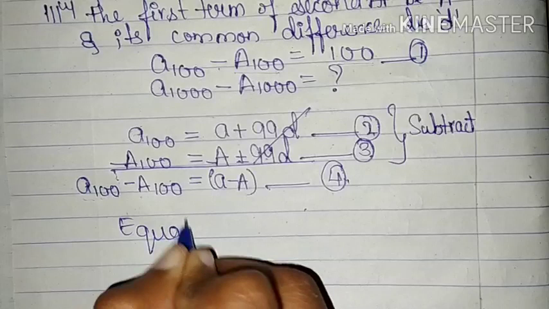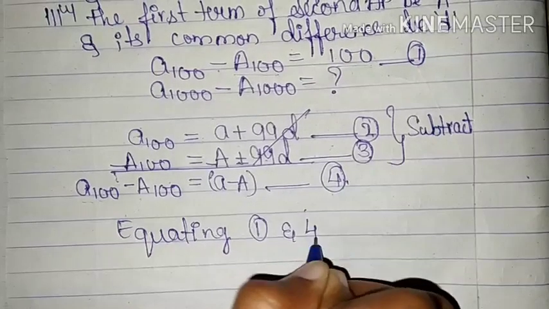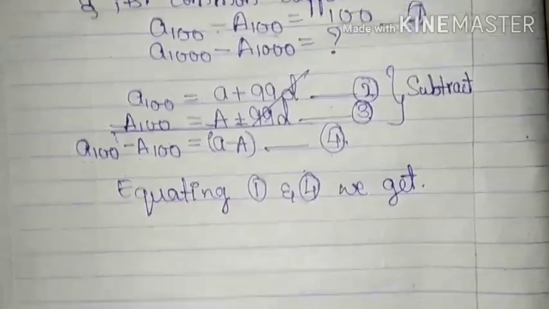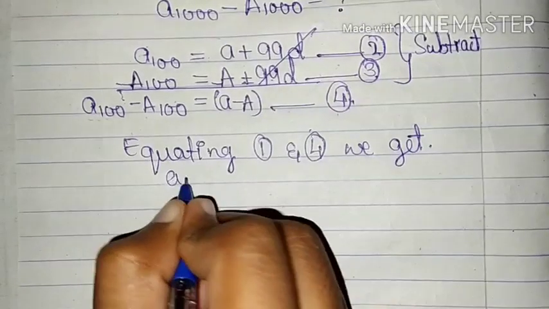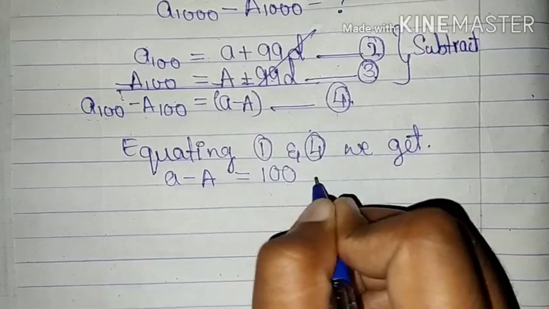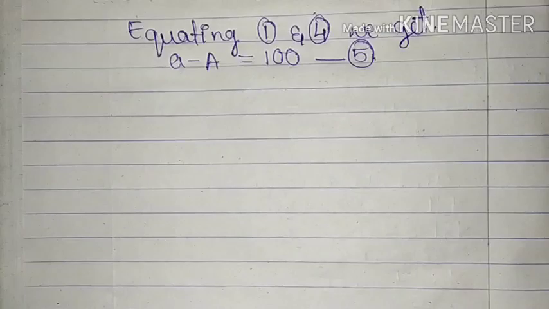Equating 1 and 4, we get a minus capital A is equal to 100. This is our equation 5.